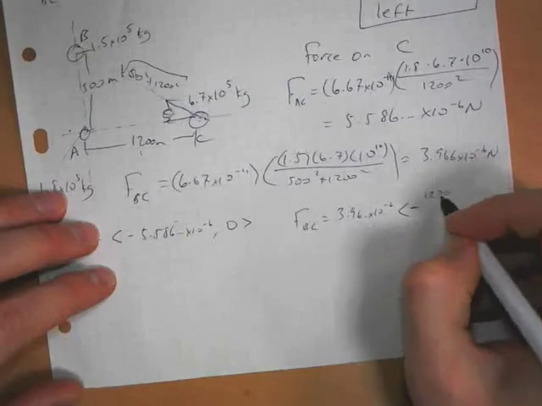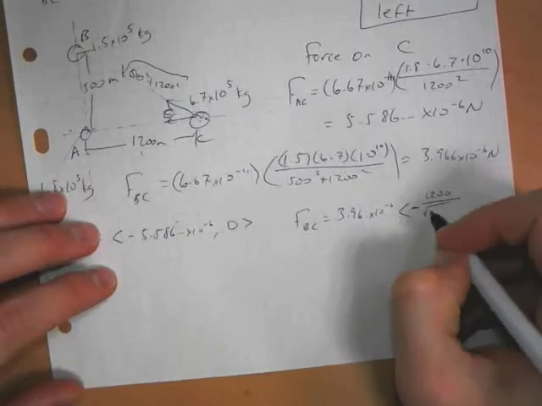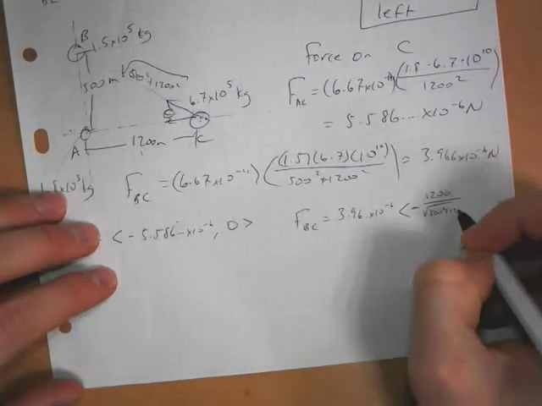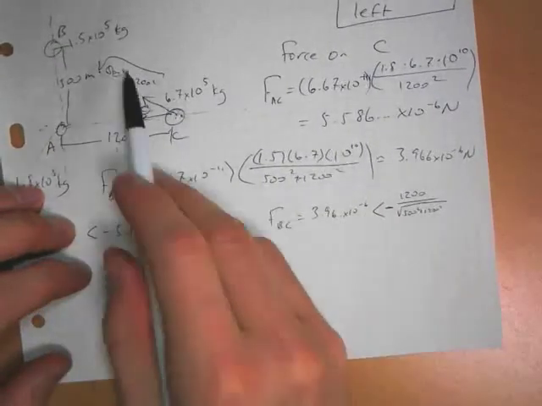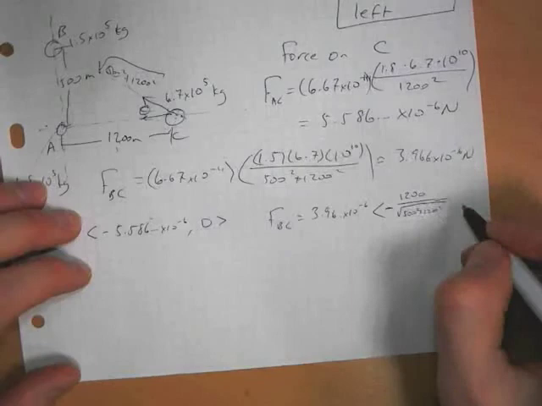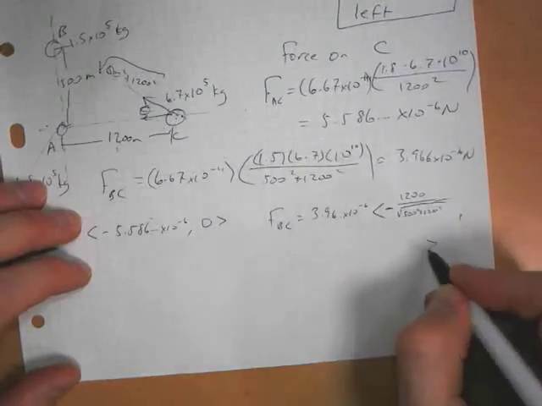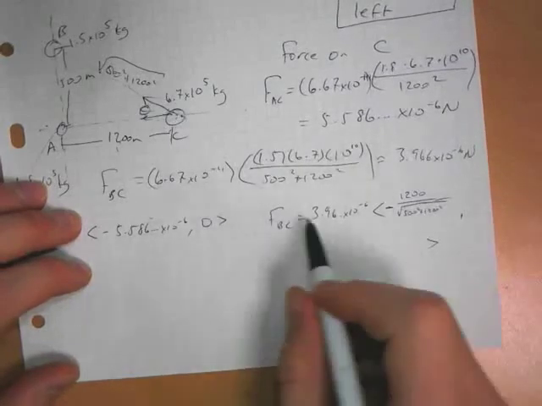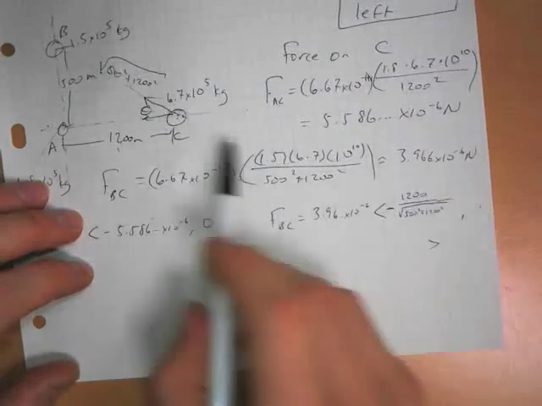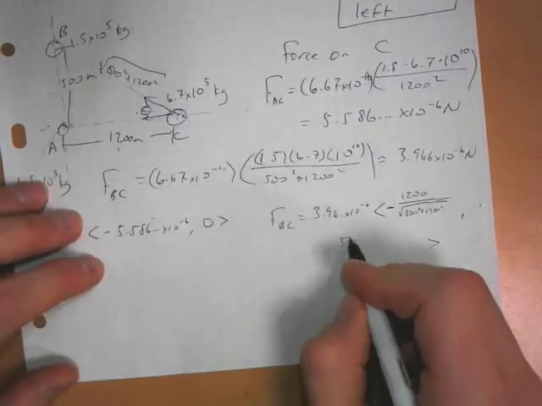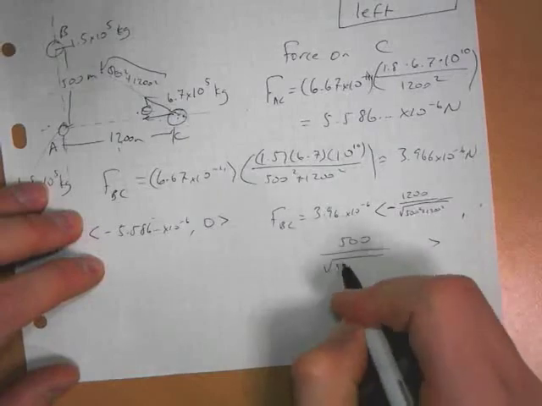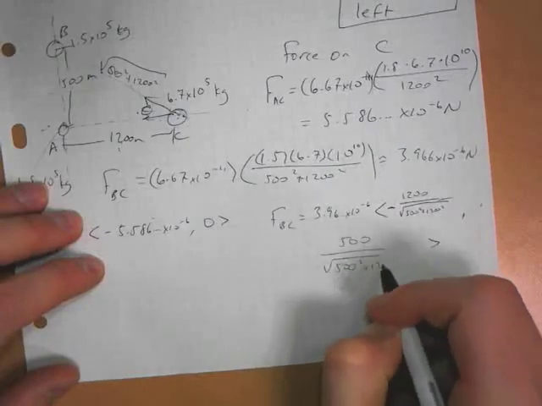So we can just plug that in there. Sorry, I wrote that kind of small, but that's just this over this. I didn't leave enough space. Then the y component would be the sine, and it's positive because it's going up, and the sine of that is just 500 over root 500 squared plus 1,200 squared.